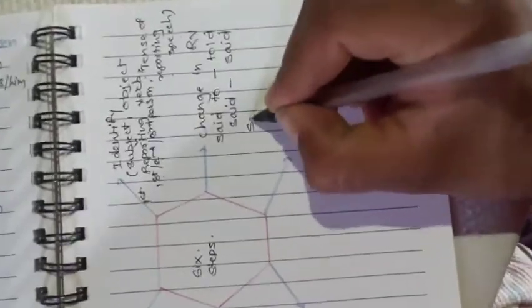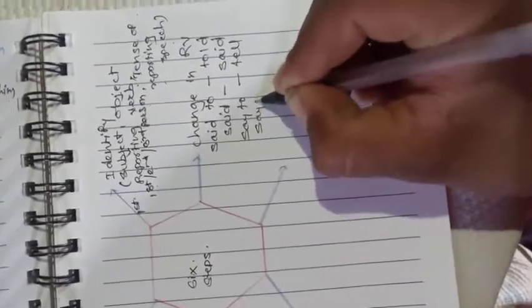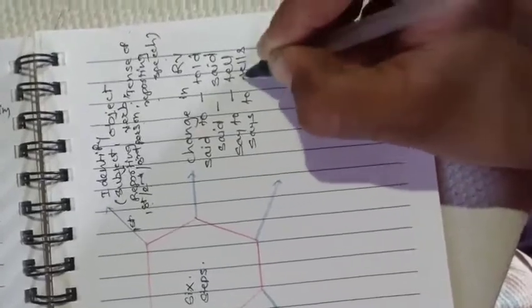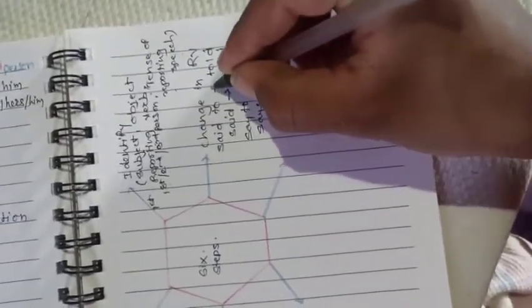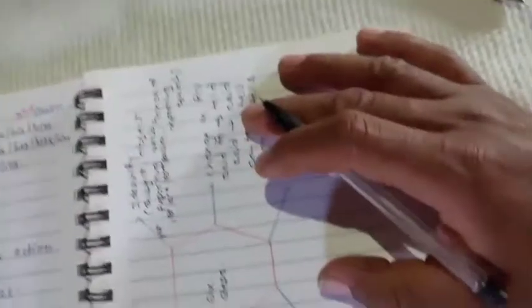If it is say to, we use tell, and if it is says to, we use tells. These small changes in the reporting verb you have to remember. This is your second step.